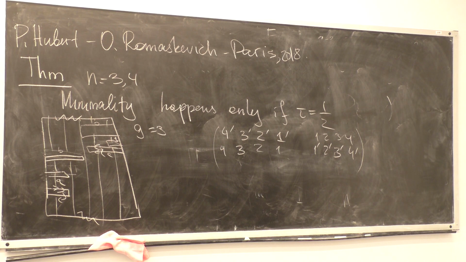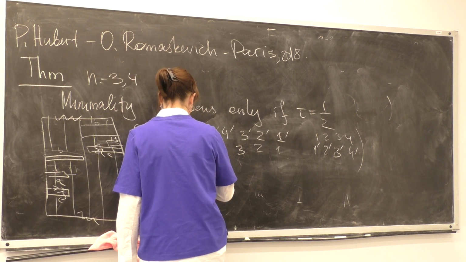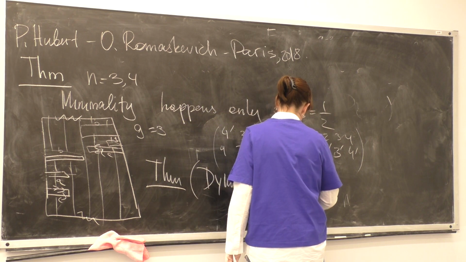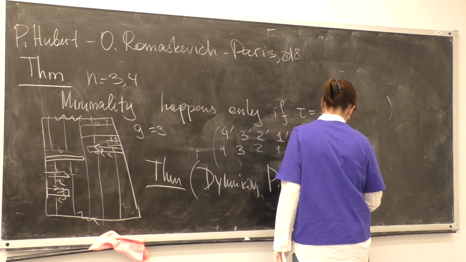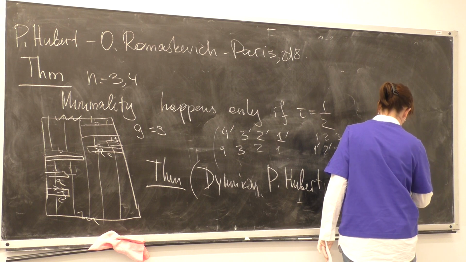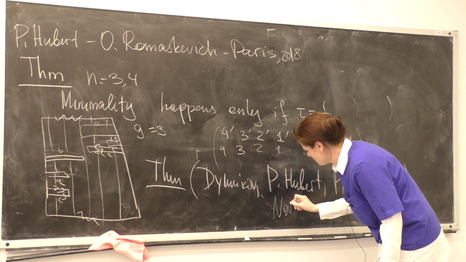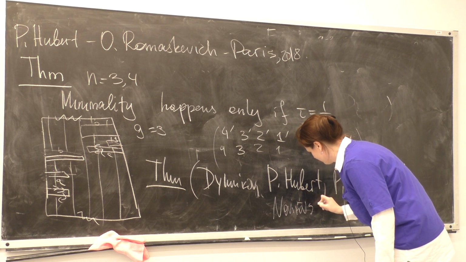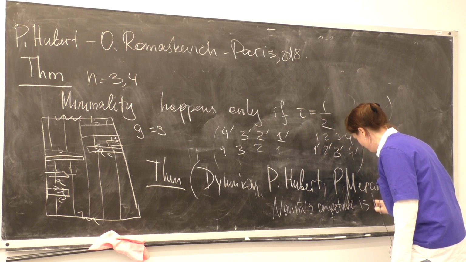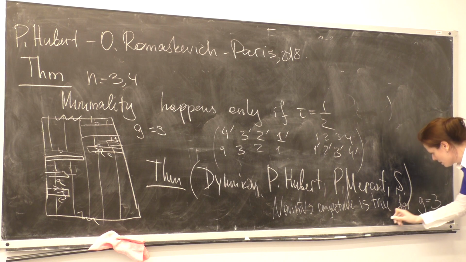And the result, it's a work in progress with Ivan Dynnikov, Pascal Hubert, and Paul Mercat, that Novikov's conjecture is true for g equal to 3 and symmetric surface.